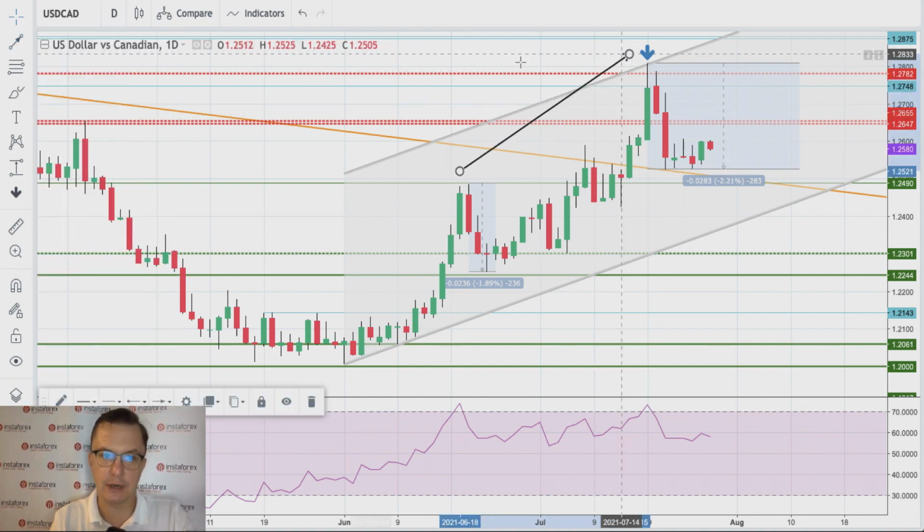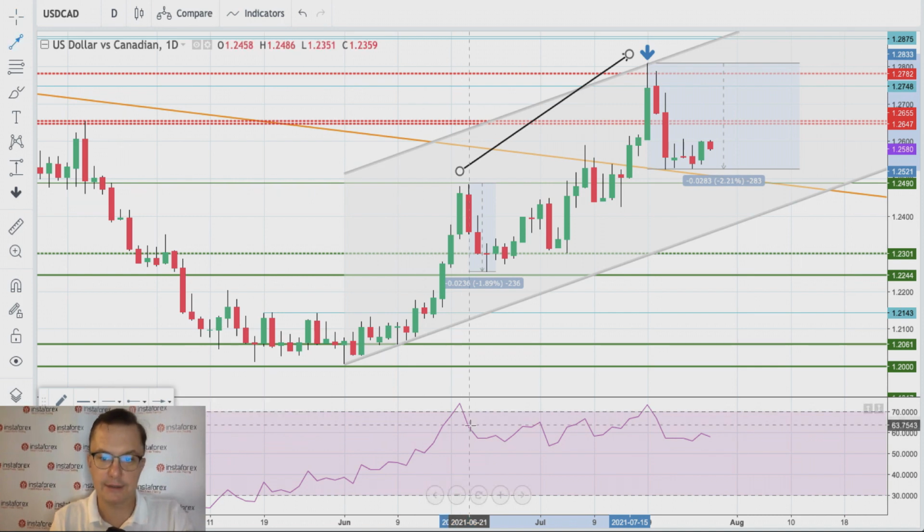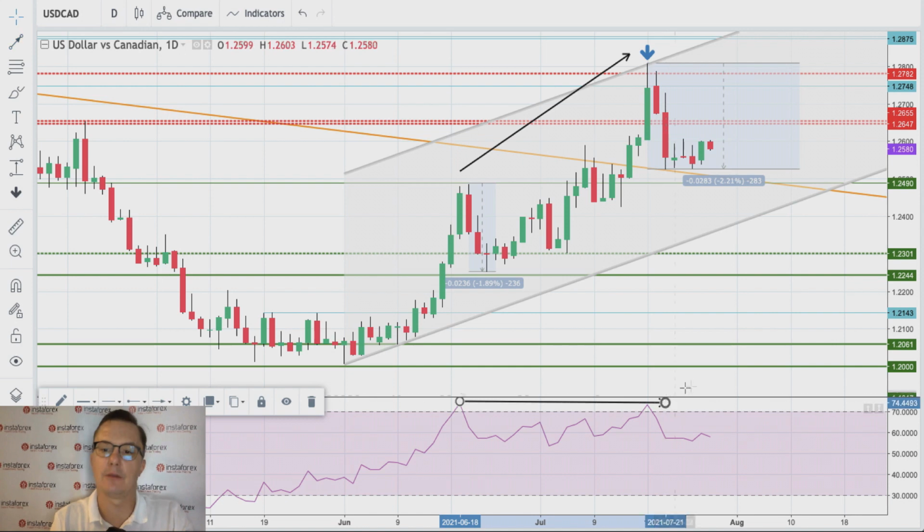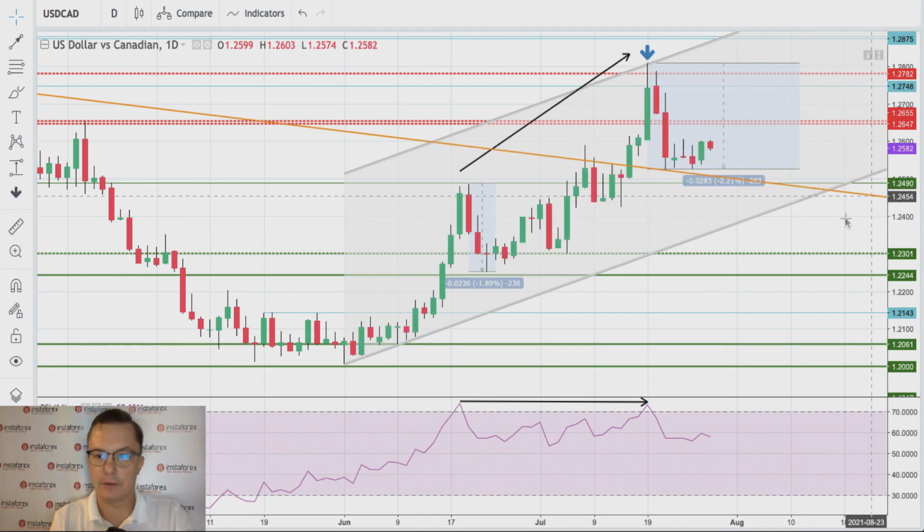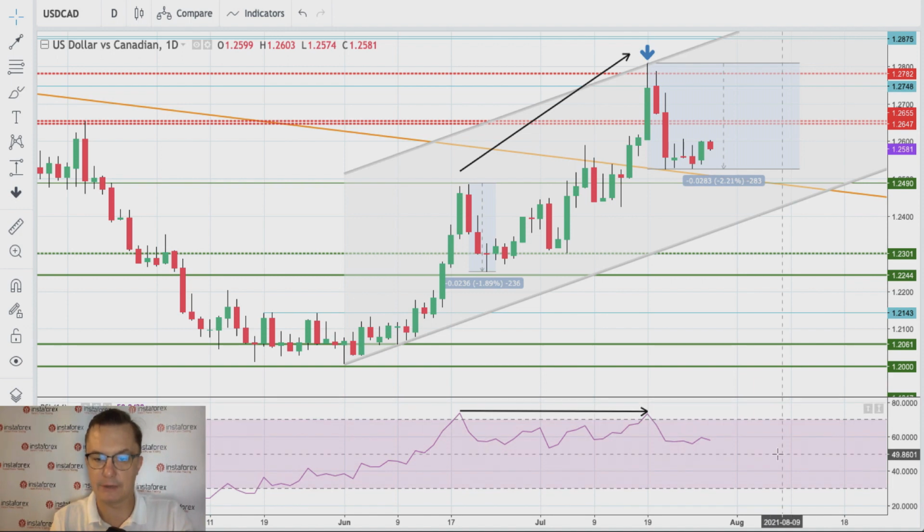We have a new high here, but those RSI highs are even slightly lower. So definitely we have a bearish divergence. Any breakout below the level of 1.2490 will result in RSI going lower, below the level of 50.